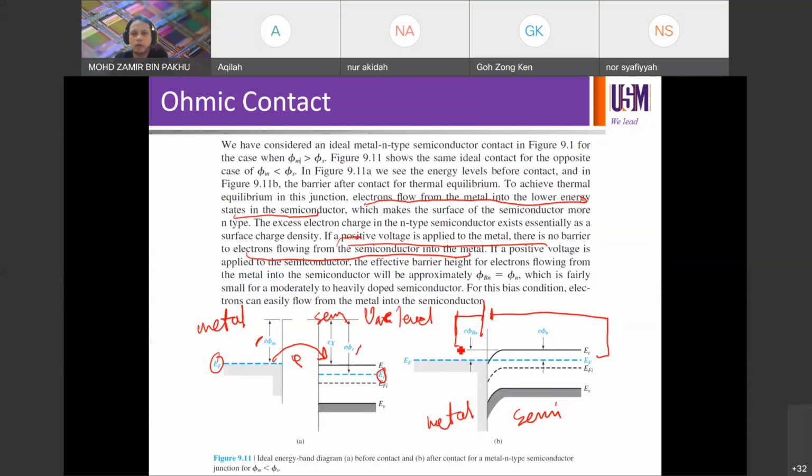What sort of bias are we applying here? The metal is connected to positive and the semiconductor is connected to negative, and the semiconductor is N-type. So what sort of bias are we applying now? Anyone?